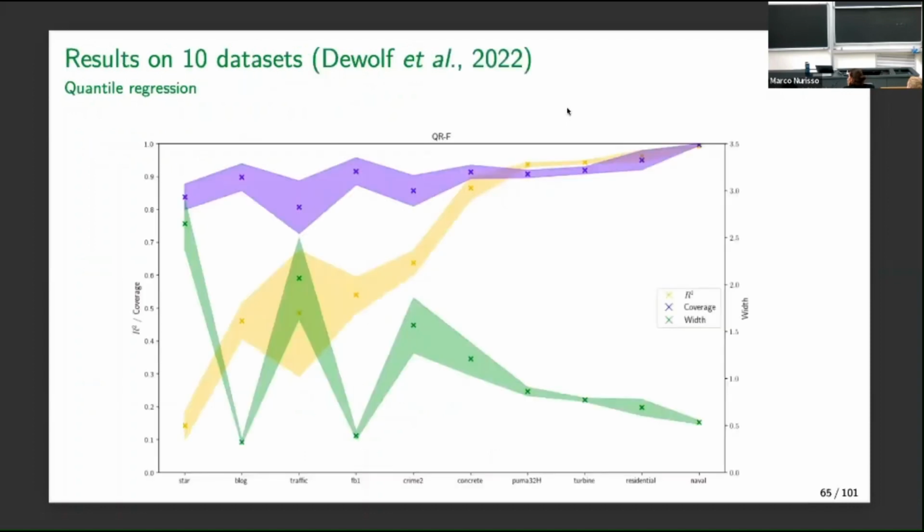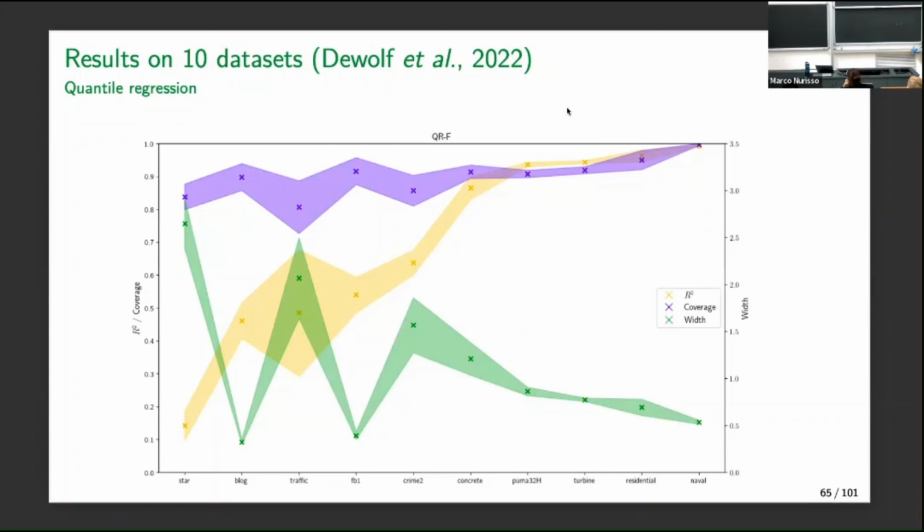To give you an illustration, here is a figure coming from a recent paper of ours. I have here an illustration on 10 data sets. On the x-axis, we have 10 different data sets. They are sorted according to the R-squared, which is a standard measure of the predictive performance, shown here in yellow.